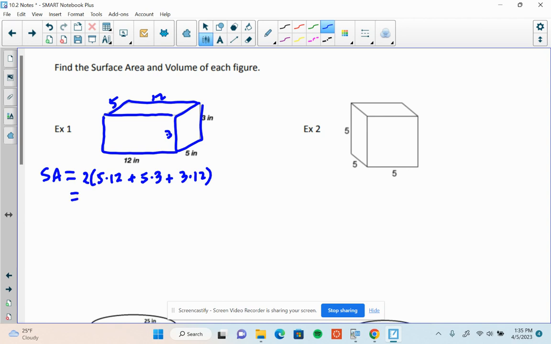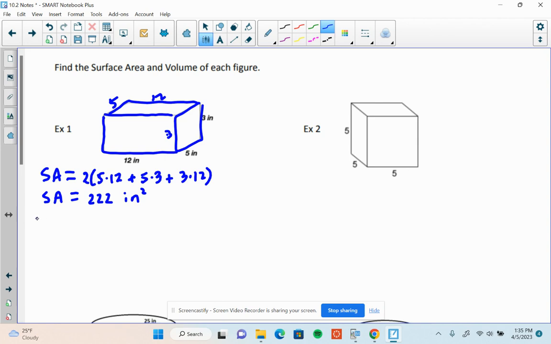We'll just grab our calculator and do the math. You can have your calculator do it all at once if you want. I'm just going to let you grab your calculator and do that, and you can compare your answer with mine. That is 222 square inches. That's our total surface area.